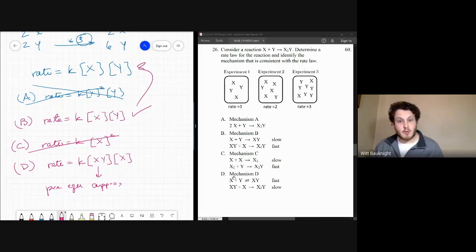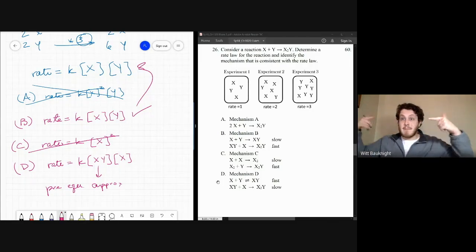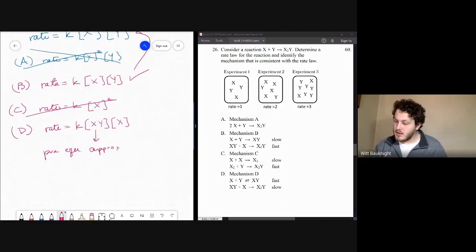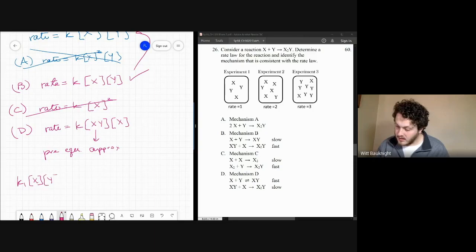So we're going to write out this, and at equilibrium, the rate going forward and the rate going backwards are the same. So I'm going to give the rate k1 x y is equal to the inverse rate constant, k negative 1, times xy.